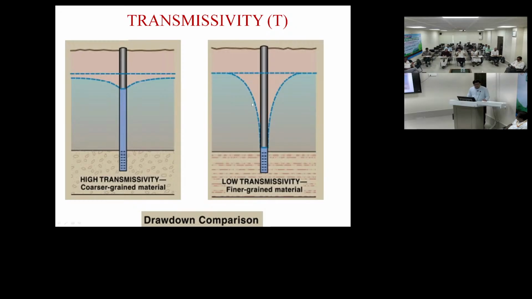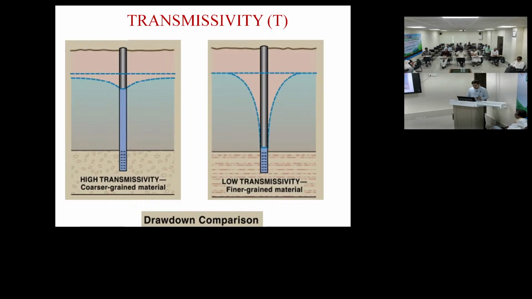Now you can see there is a thing called the cone of depression. This is the hydraulic gradient. The more saturated the aquifer is, the less deep the cone of depression will be, because once it is highly saturated, well connected, porous and permeable, the pore spaces are easily filled when you pump out. If porosity and permeability are lower, the cone of depression is deeper, as the void spaces are not easily recharged.